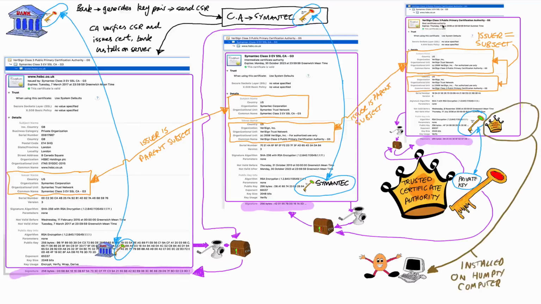So when you install Internet Explorer or Google Chrome or whatever, if you go to the settings in that browser, you'll see a list of trusted, what's called root certificates. And the chances are this certificate here will, by default, be embedded in that list of trusted root certificates.